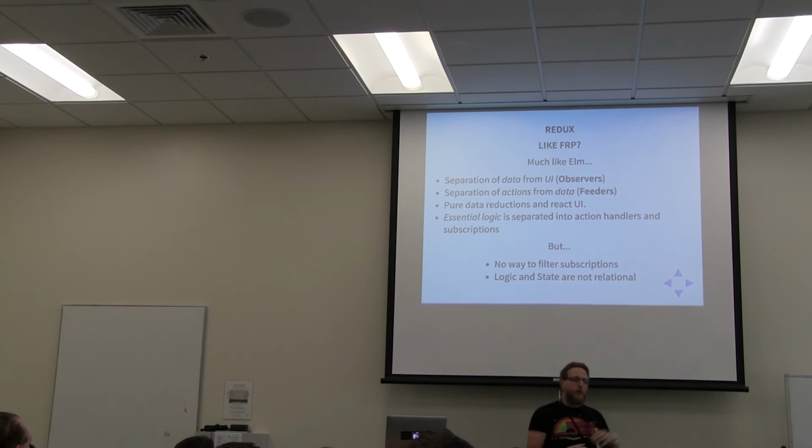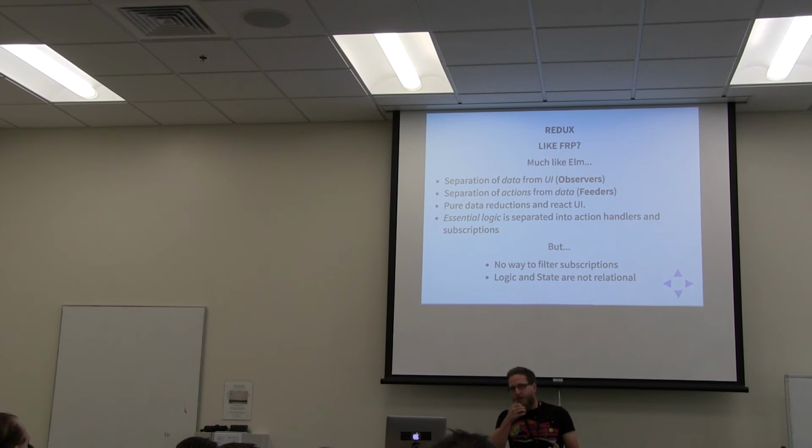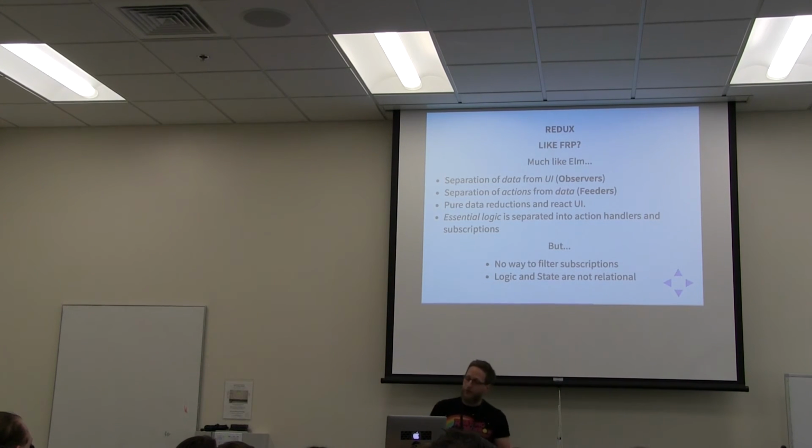When we go back and look at the way FRP says, if you want to filter and extend your list of properties that are available, you can do that in a very composable way, whereas your subscriptions here in Redux would not be as composable. So that's a drawback. And we get a bunch of essential logic pushed into action handlers, which is kind of nice, but they take the same place as in Elm. So in the end, Redux and Elm are very similar, just different languages.